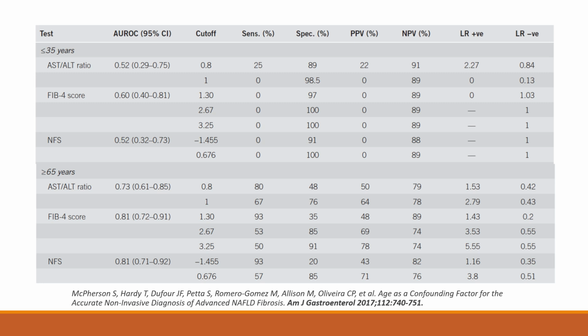So in the younger population, the performance of FIB4 was atrocious. Admittedly, there were only 8 among them with advanced liver disease, but FIB4 detected none of them.